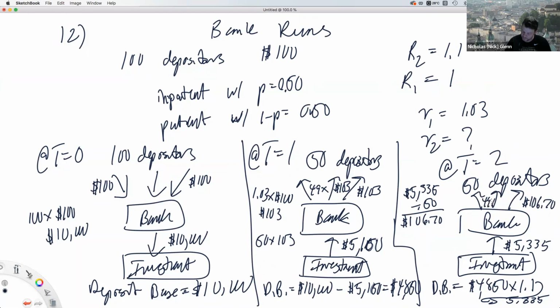Each depositor gets 106.70. So what's the return? The return is just this 106.70 divided by what they originally put in, and that's going to be 1.067.